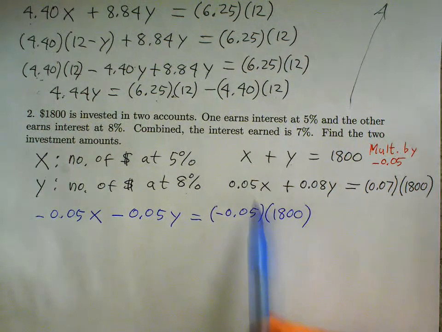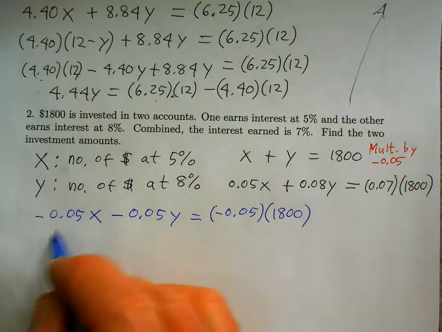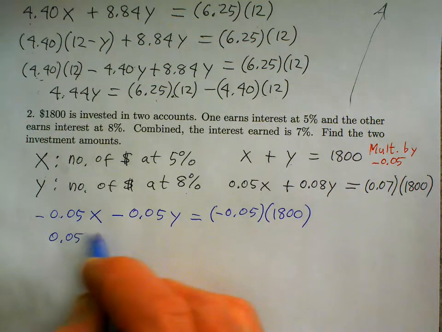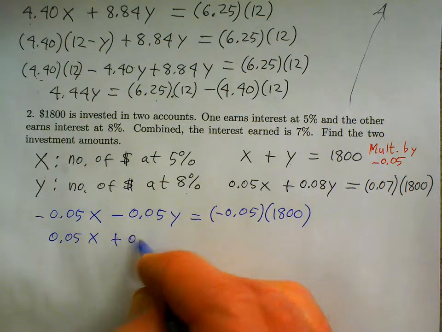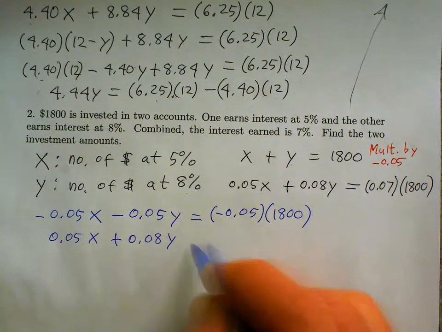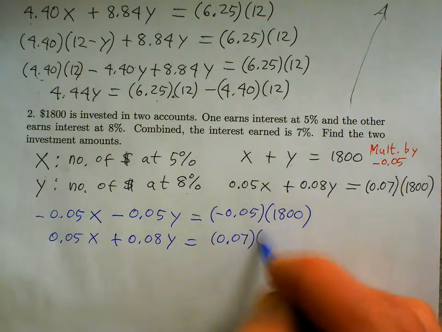The other equation I'll leave the same: 0.05 times x plus 0.08 times y equals 0.07 times 1,800.